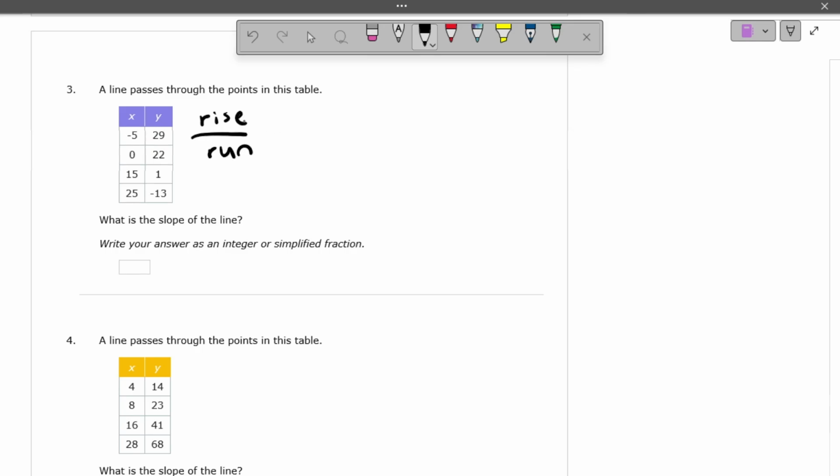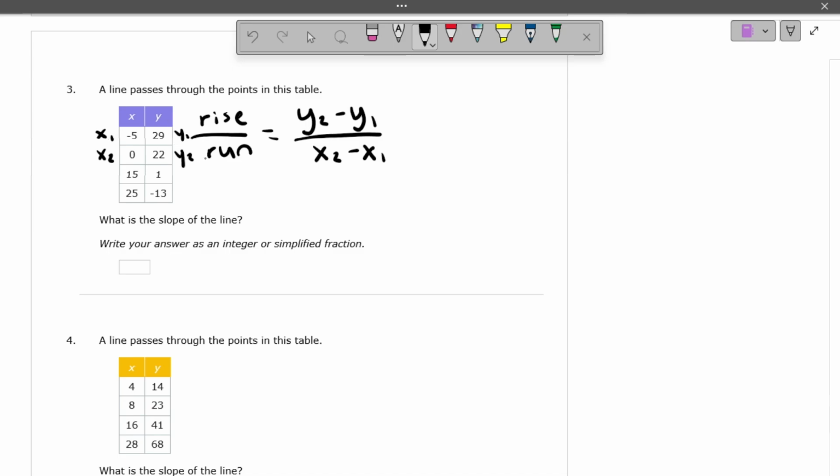How we know what rise over run is, we break it into this formula, y2 minus y1 over x2 minus x1. So now that we know that we're using two y's and two x's, I'm going to label them over here. So this one will be our x1, this will be x2, this will be y1, and that will be y2. Just because our x2 and y2 are paired together, x1 and y1 are paired together, and that is what's important.